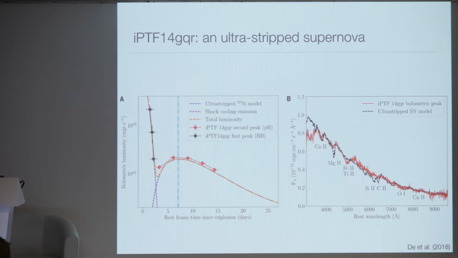That's just the idea, and we don't know exactly how these are formed, but we know there should have been something surrounding this progenitor to explain this early decline.